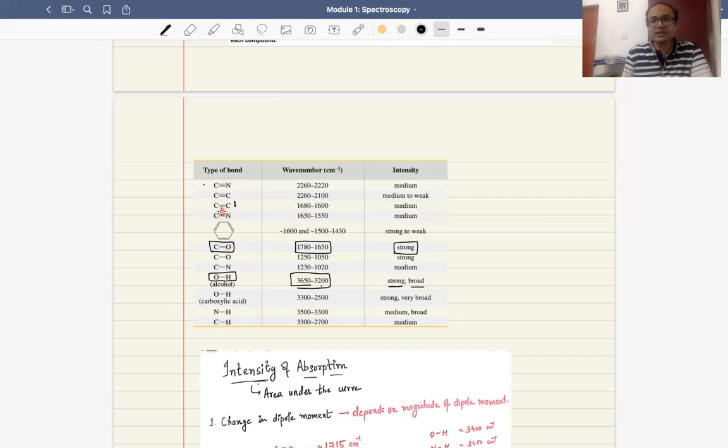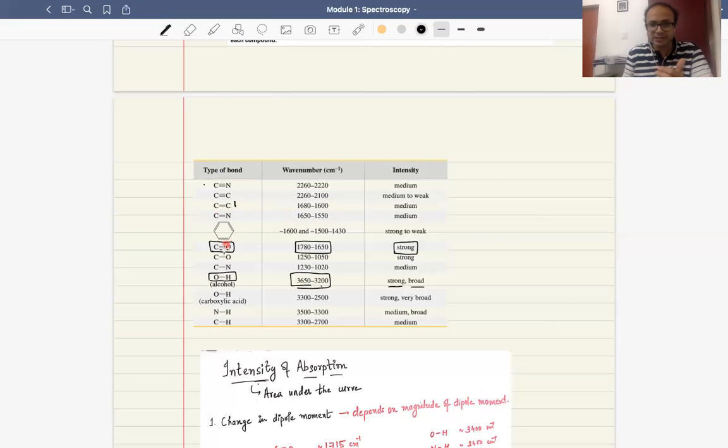If there is only C=O present in your molecule, then you don't have to worry about it. But suppose you have an alpha-beta unsaturated molecule, where you have a C=O as well as a C=C. In that case, to identify which peak corresponds to C=C and which to C=O, this factor of intensity comes into the picture.